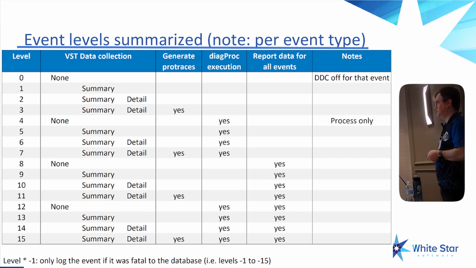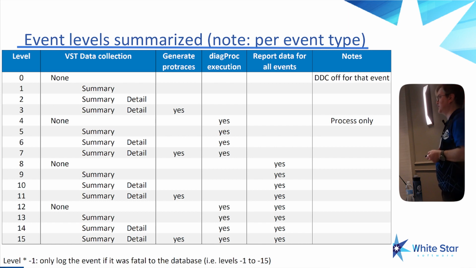This number corresponds to a certain level of VST data collection, and again, remember that it's different VSTs for different event types. And then you can decide whether to generate ProTrace files or not. Again, those are self-service only, and only in Unix. And you can specify whether or not you want to run your custom script, which is called diagproc, .bat or .exe.